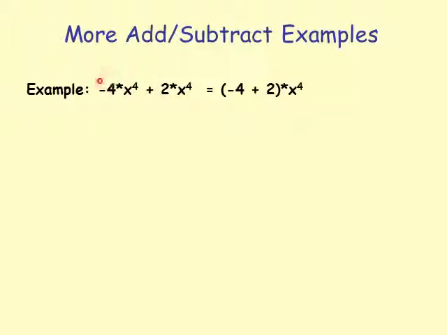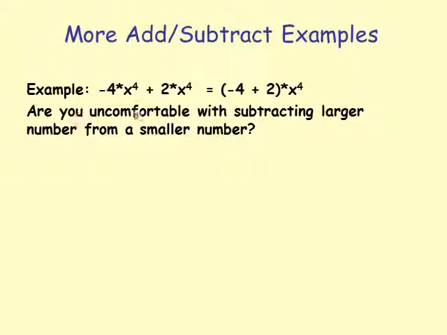So it's minus 4 coefficient here plus 2 coefficient here. So we add the two together, minus 4 plus 2. Are you comfortable with this situation, when you are trying to subtract a larger number? Minus 4. Let's try to subtract 4 from a 2. 2 is a smaller number. We are trying to subtract a larger number.